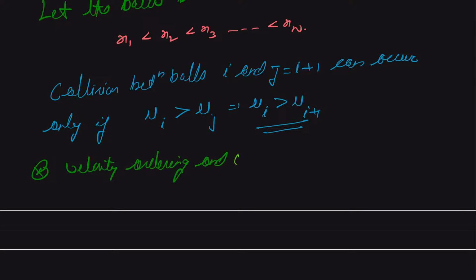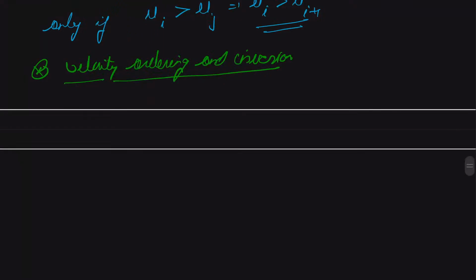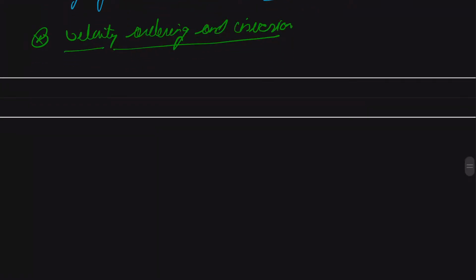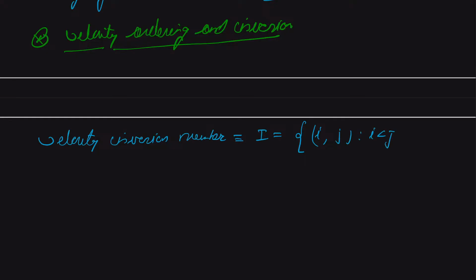We can define our velocity inversion number, that is I, which depends upon the pair I, j for the condition that I is before j and u of I should be greater than u of j.